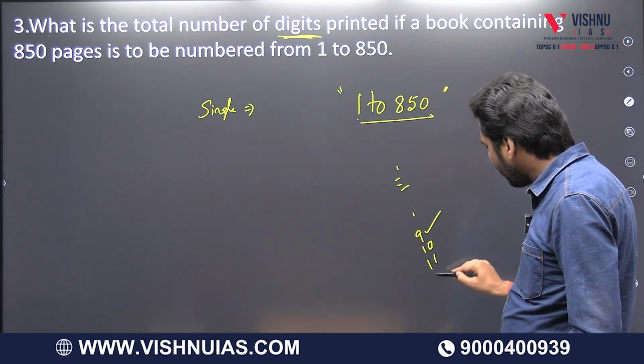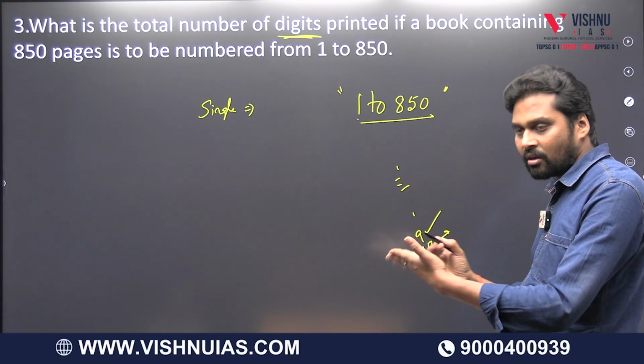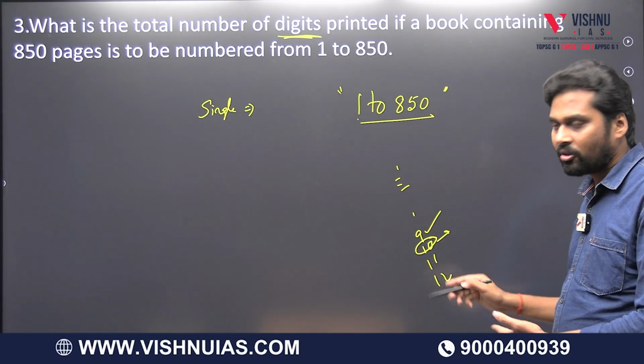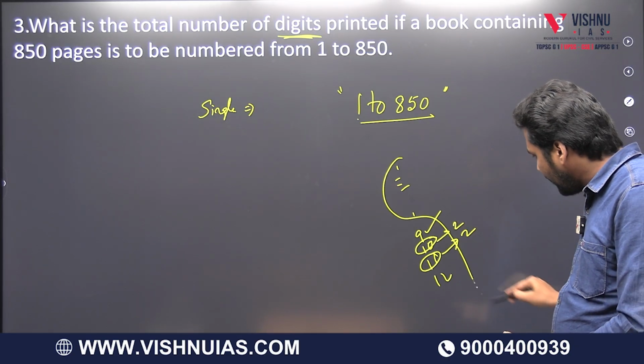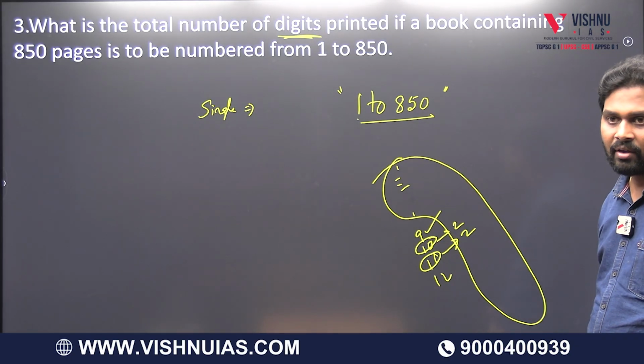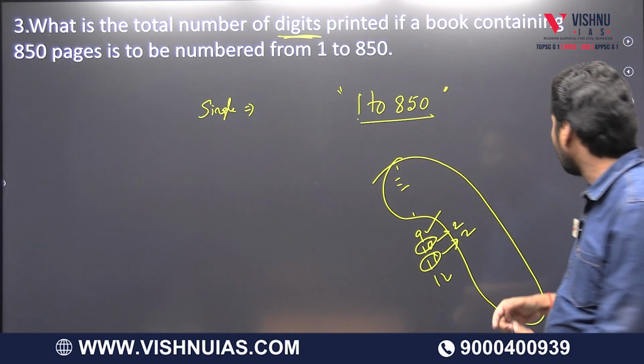But from 10, 11, 12, the 10th page has a total number of digits of 2. 11th page, total number of digits 2. So likewise, how many total digits do we have? We are counting the total number of digits.